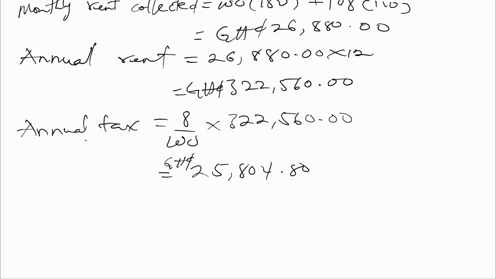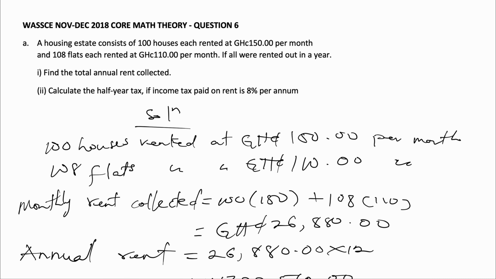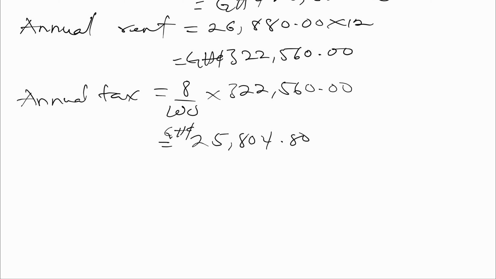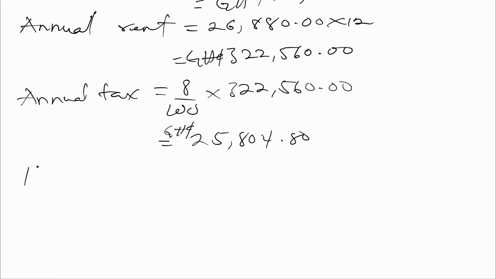So the annual tax is this, but then we are being asked to find the half-year tax, not the annual tax. So the half-year tax is equal to the annual tax over 2.